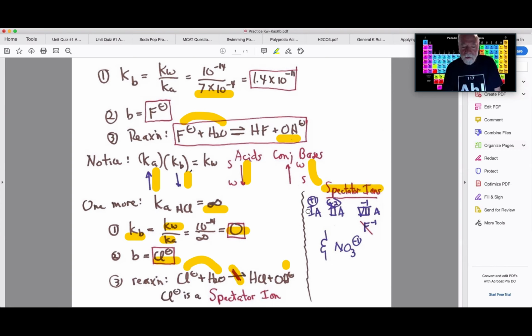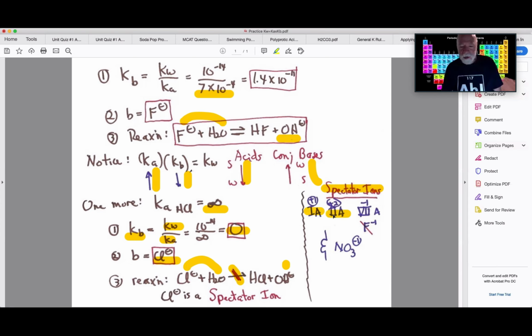The positive ions from family 1A do not react with water. They're spectator ions. So that'd be, for example, sodium, potassium, lithium. When you put them in the water, they do not react with water. Same thing on family 2A, like magnesium, barium, strontium. Their positive 2 ions do not react with water.